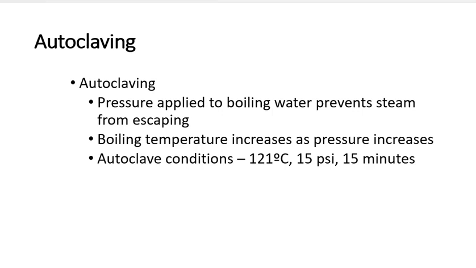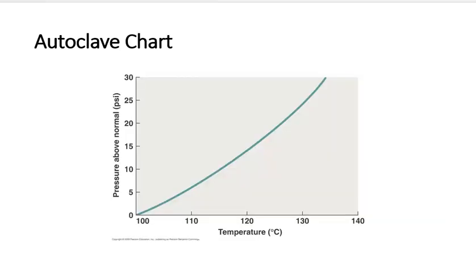It will sterilize. Usually what you have in a doctor's office is a small desktop autoclave. At the school, we have desktop autoclaves a little bit bigger. In the hospitals, you have big autoclaves for surgical instruments and that kind of stuff. And there's your autoclave chart that gives you the temperature and the pressure.